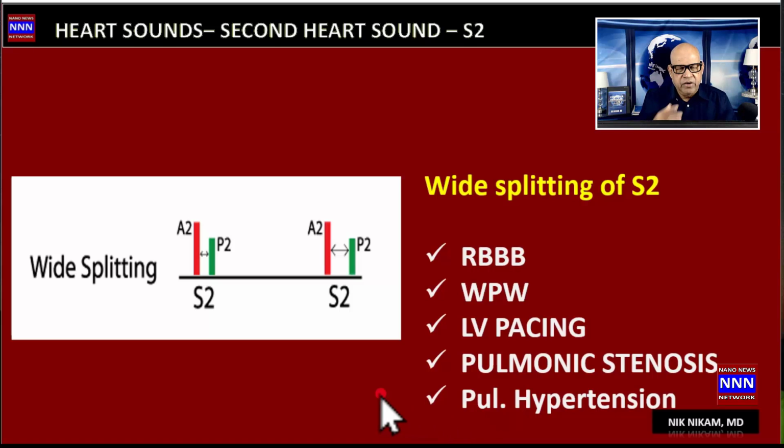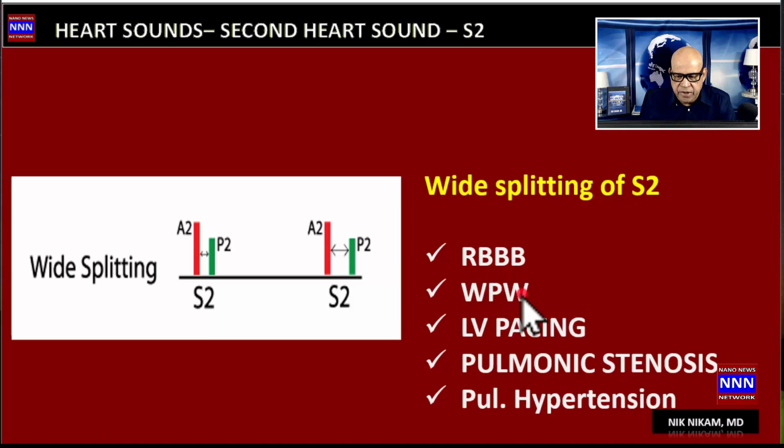The concept is anything that increases the volume, anything that increases the ejection phase of a particular chamber, be it right or left, delays the closure of that particular valve. In this situation, anything that delays the right ventricular function, such as right bundle branch block, because of the delayed activation of the right ventricle, the pulmonic valve closes much later than it's normally supposed to be.